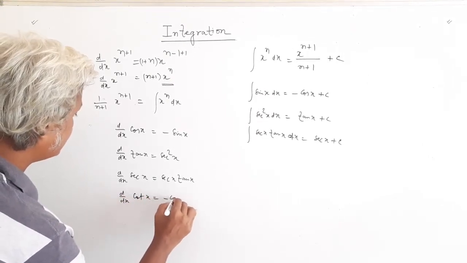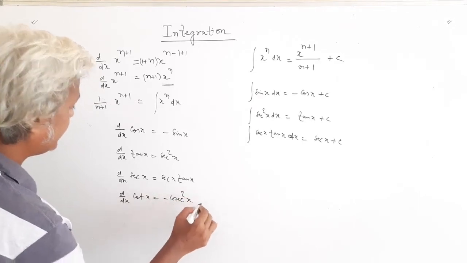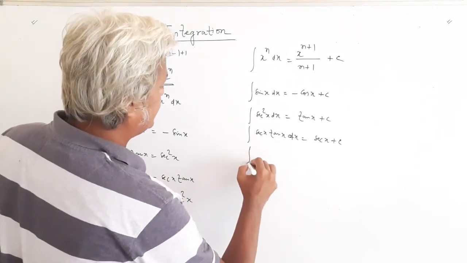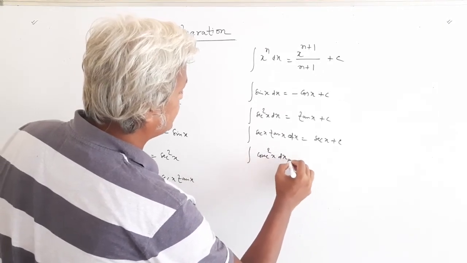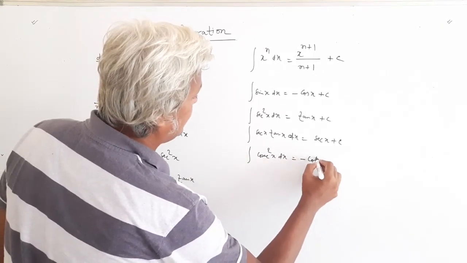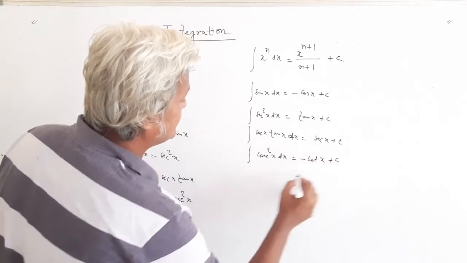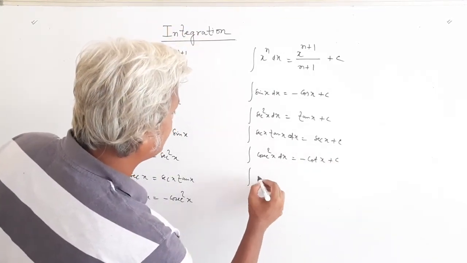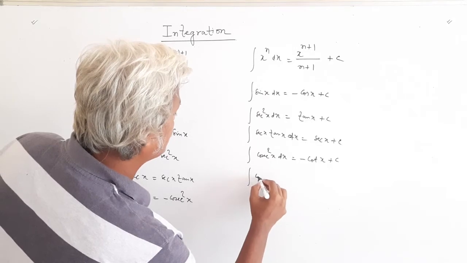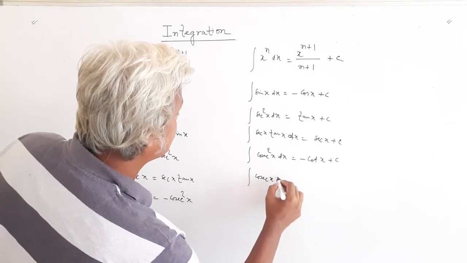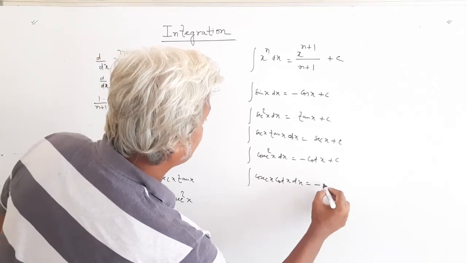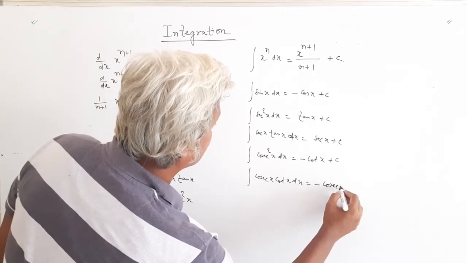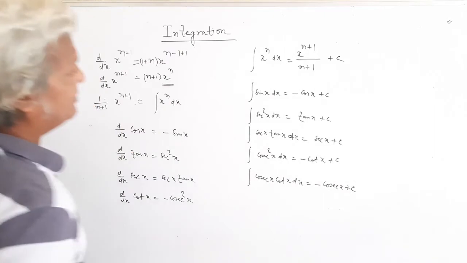Differentiation of cot x is minus cosec square x. Integration of cosec square x dx is minus cot x plus c. Same way, integration of cosec x cot x dx equals minus cosec x plus c.